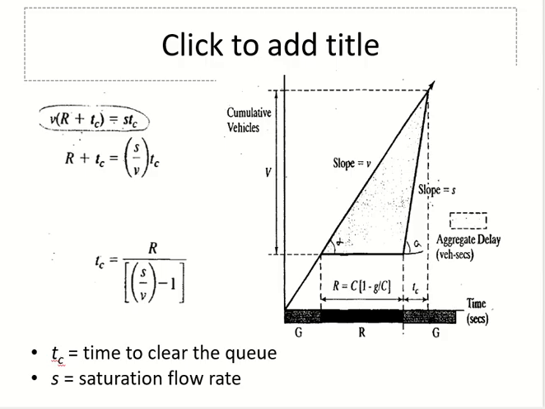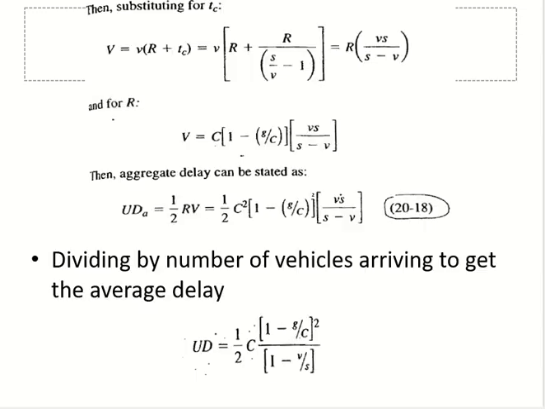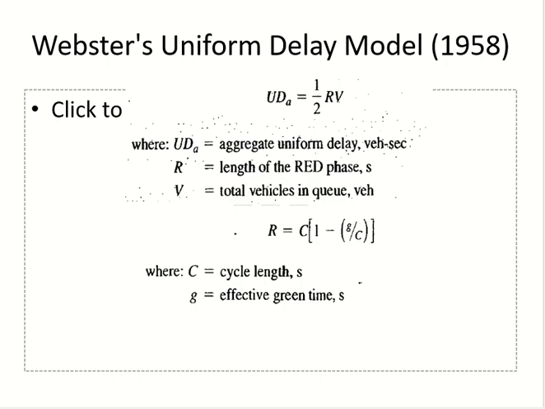From here, I want to find out the equation for TC. So I made both of them equal and found the value for TC. Clear or not? Any questions? V into R plus TC, and the remaining green time.